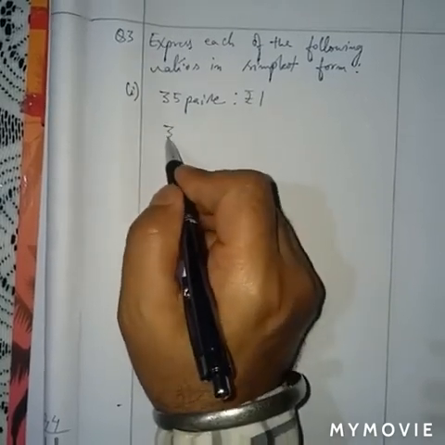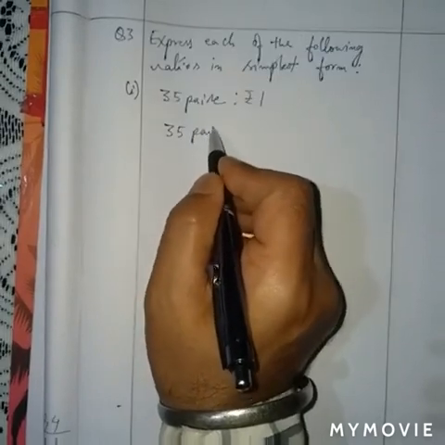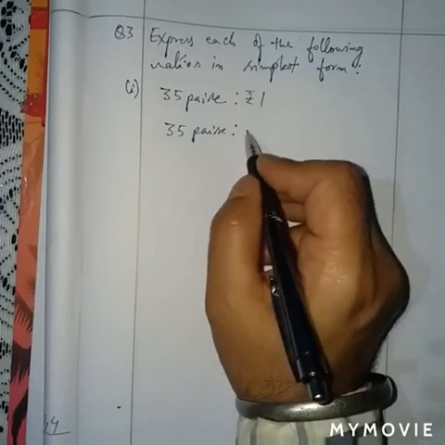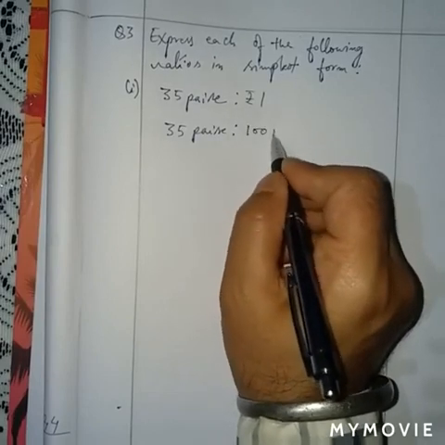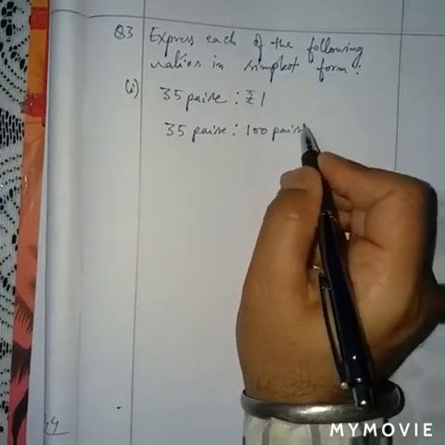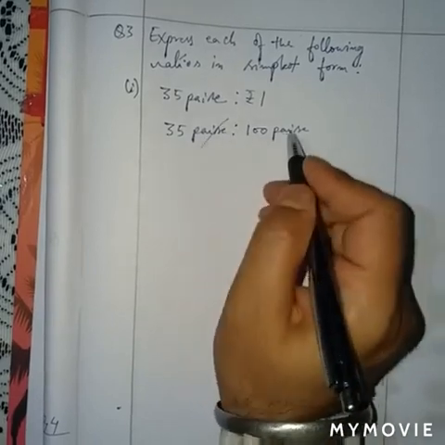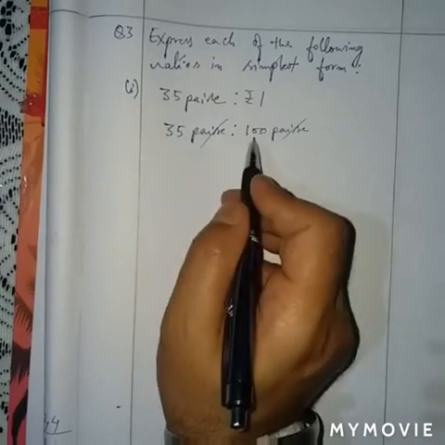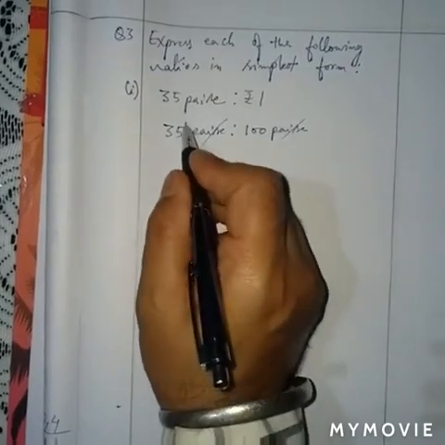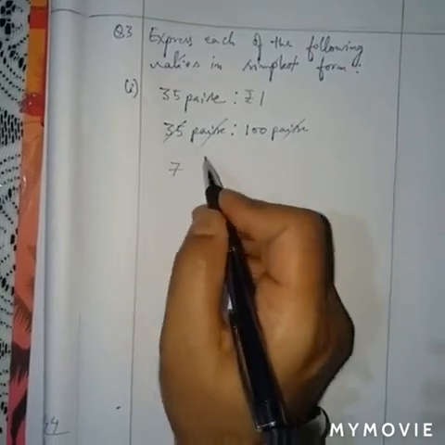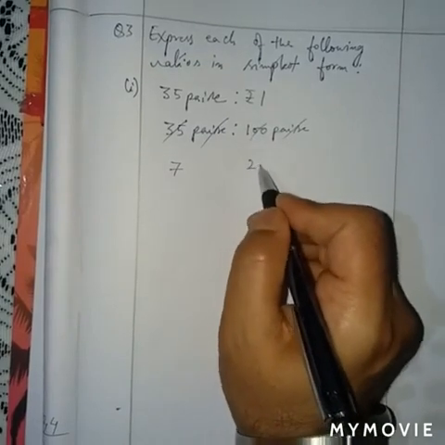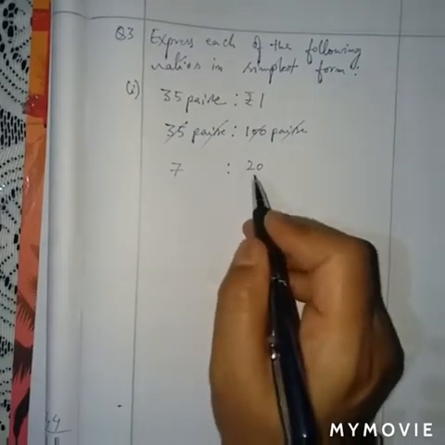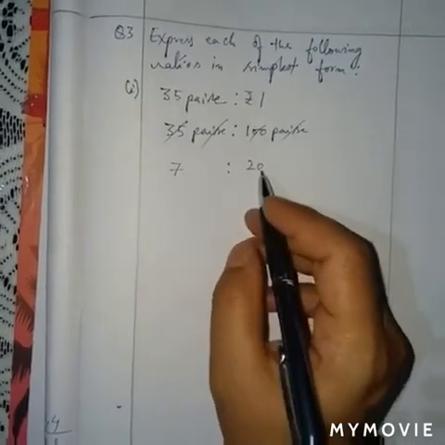So 35 paise, and in 1 rupee how many paise are there? 100 paise. So now the units are the same, unit and unit get cancelled, and 35 and 100 also get cancelled. 5 7s are 35, 5 20s are 100. So the simplest form is 7:20.